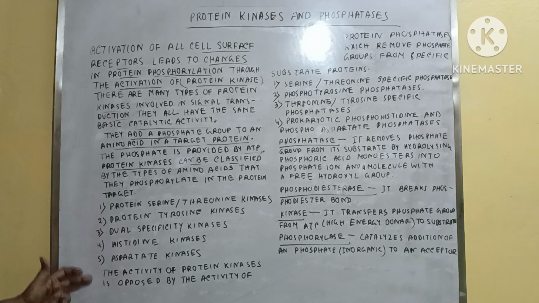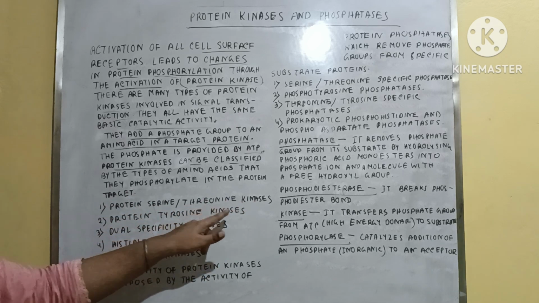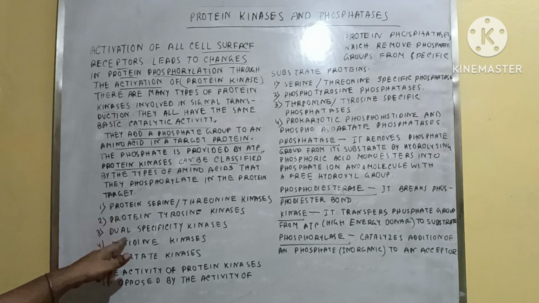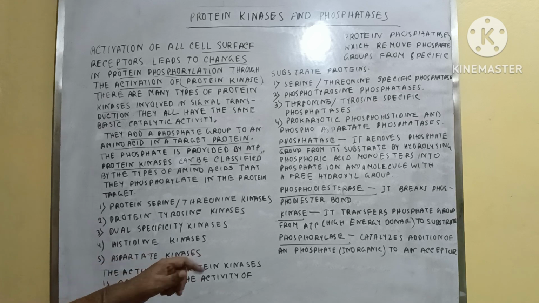There are 5 types of protein kinases. One is serine or threonine kinases, second is tyrosine kinases, third is the dual specificity kinases, fourth is the histidine kinases, and fifth is the aspartate kinases.